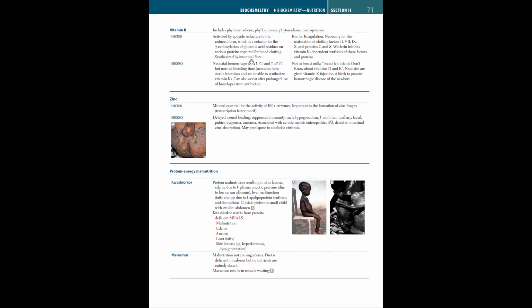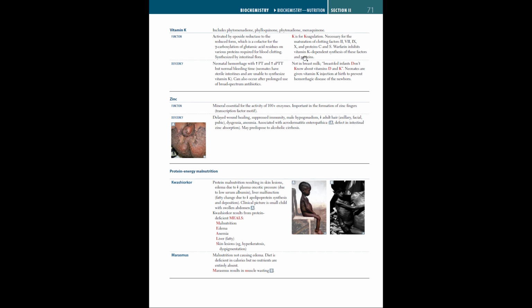And vitamin K is synthesized by the intestinal flora. To keep in mind, vitamin K is for coagulation, necessary for maturation of clotting factors 2, 7, 9, and 10, as well as protein C and S. Warfarin inhibits vitamin K dependent synthesis of these factors and proteins.